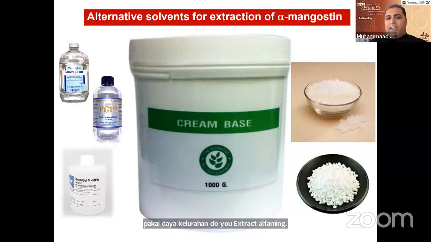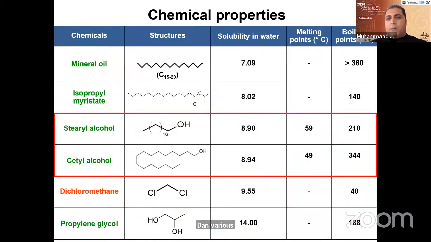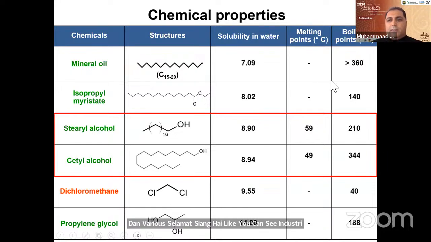Our colleagues studied different pharmaceutical excipients and they optimized the extraction of alpha mangosteen in various pharmaceutical excipients, like you can see in this table: the mineral oil, the isopropyl myristate, stearyl alcohol, cetyl alcohol, and dichloromethane.